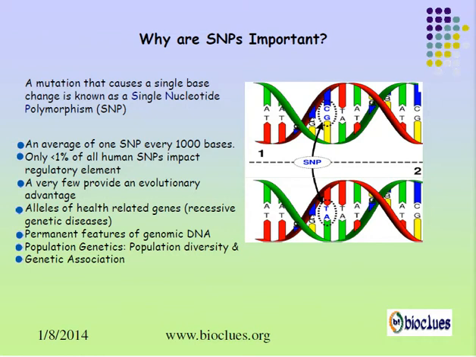This is a permanent feature of genomic DNA and could help in studying genetic associations and diversity across populations, a subject called population genetics. All right, they might also be linked to alleles of health-related genes or recessive genetic diseases. So they find application in the medical field as well.